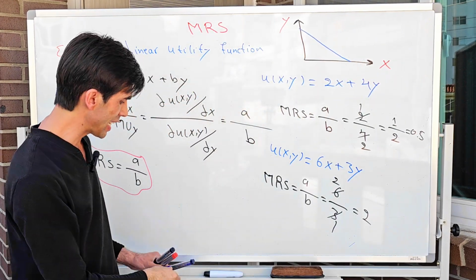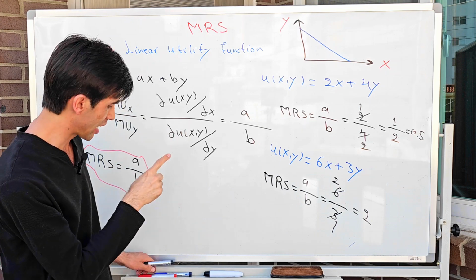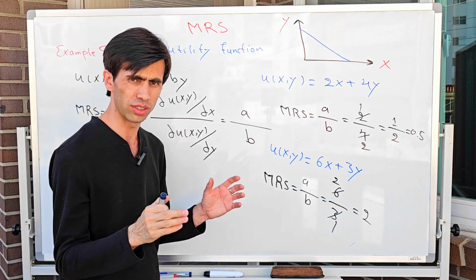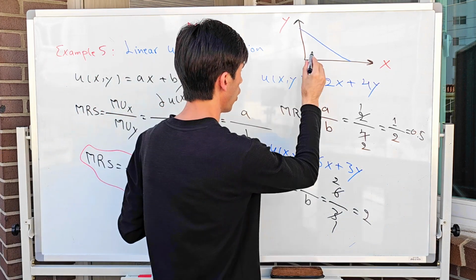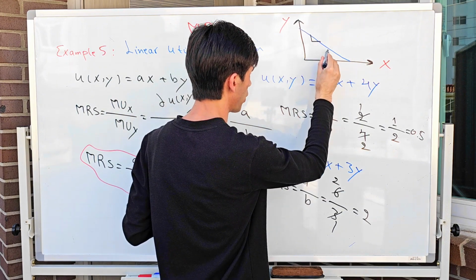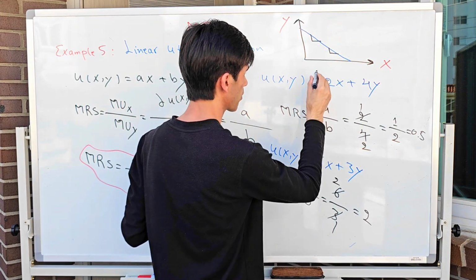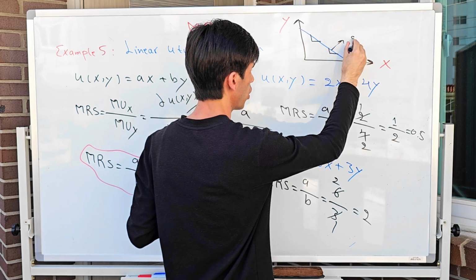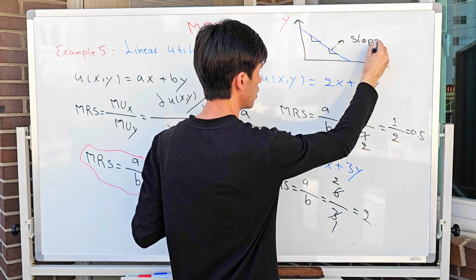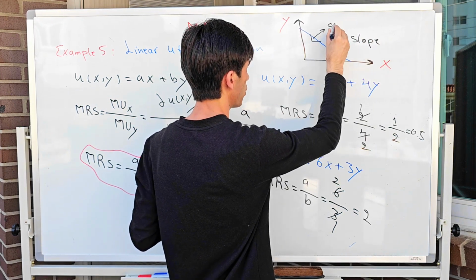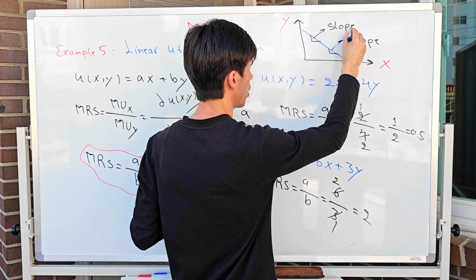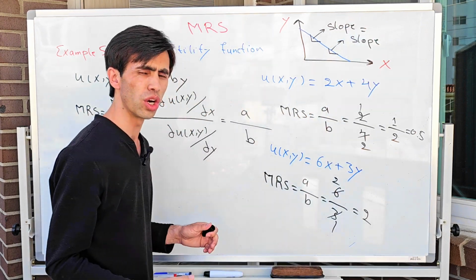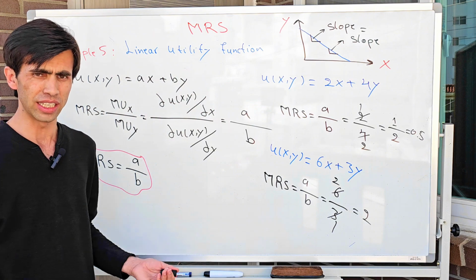So when it's linear, the slope of this linear curve is constant along the line. Whether you move from this part to this part or this part to this part, the slope of this part and the slope of this part are completely equal to each other. There's no difference because it's linear.